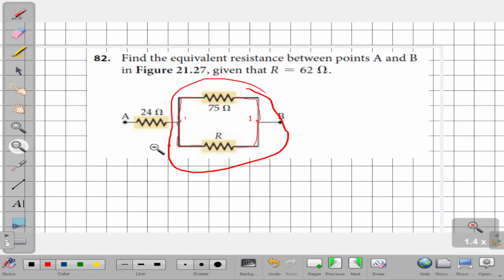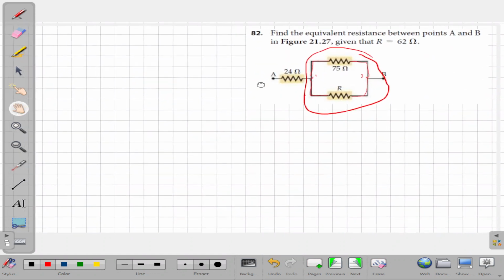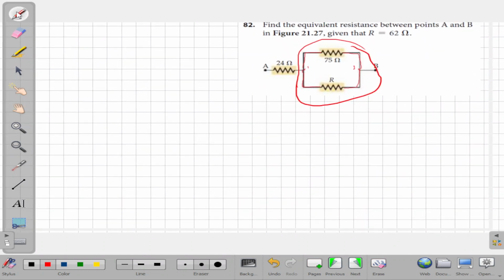How can one find the equivalent resistance of these resistors? We simply apply this equation: R equivalent for two resistors in parallel is R1 times R2 over R1 plus R2.